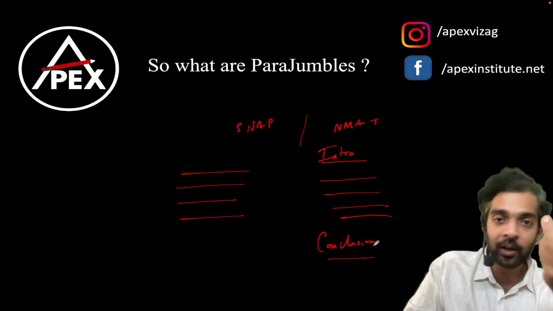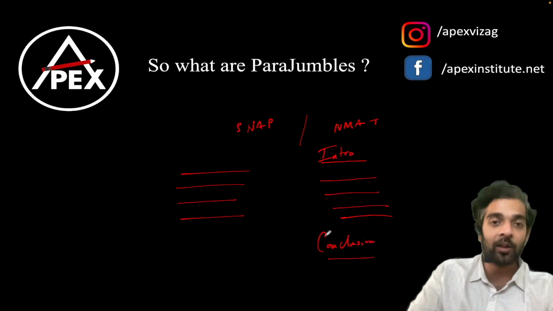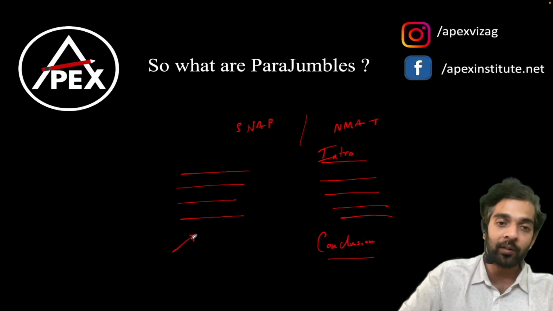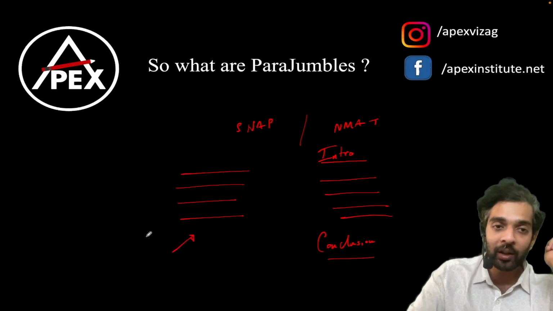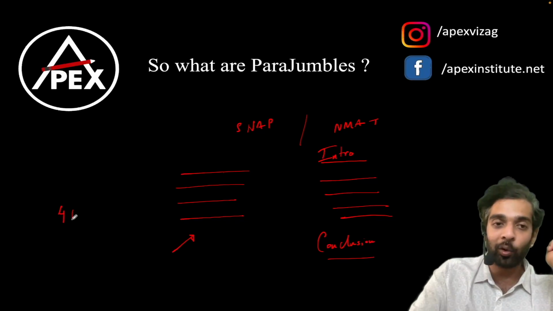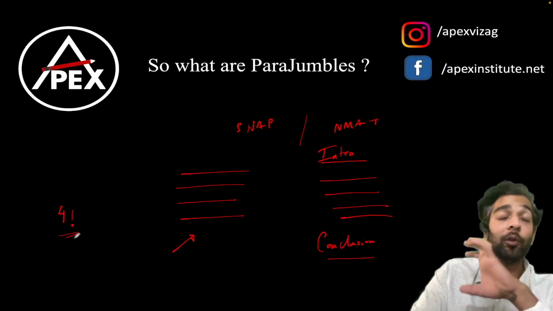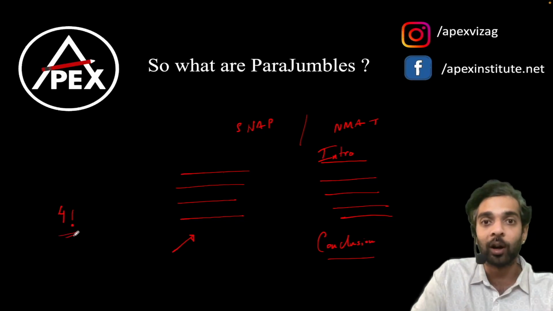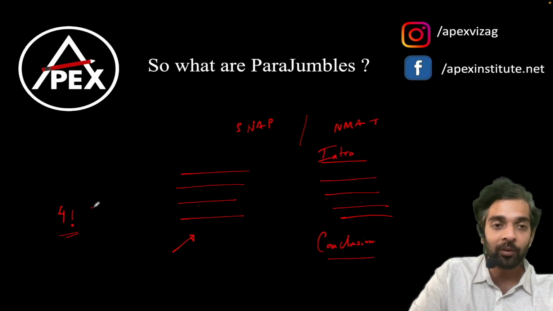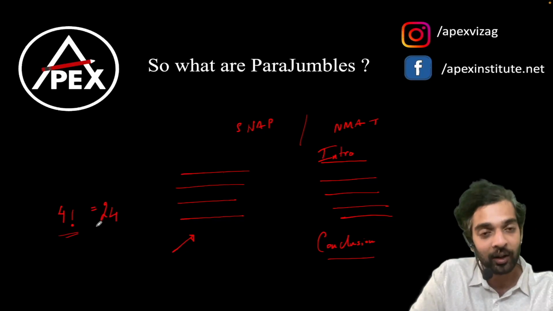Now, which is harder? In my opinion, the first is the harder choice, because over here you have 4 factorial ways in which you can place it if you have zero idea about what the clues are. This comes to exactly 24 ways, right?